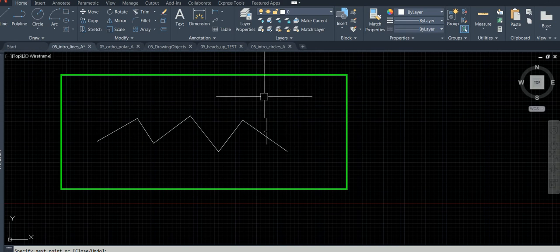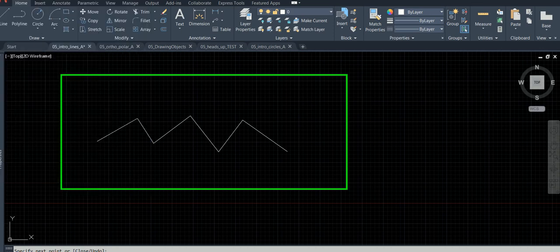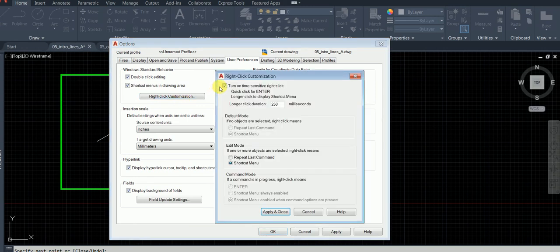Just go to the application menu, go to options. It's a one-time setting. Go to user preferences, then right click customization. Make sure this is on. Turn on customize.